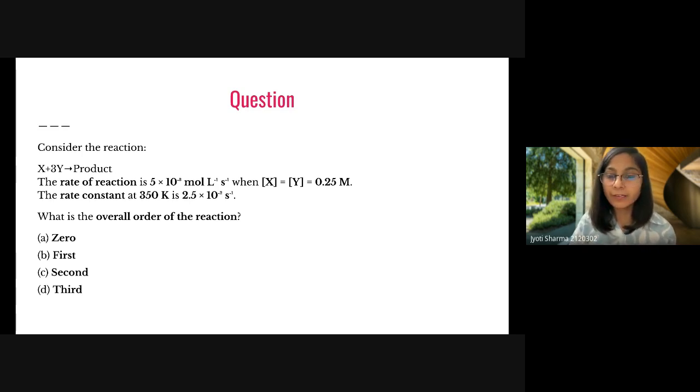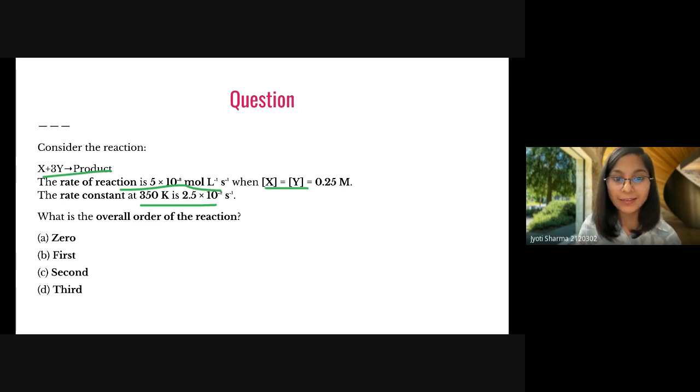Now, our reaction is X plus 3Y giving the product. The rate of reaction is given, and the concentrations of X and Y are also given, that is 0.25 molarity. The rate constant is also given at 350 Kelvin, and this is 2.5 × 10^-2 per second.